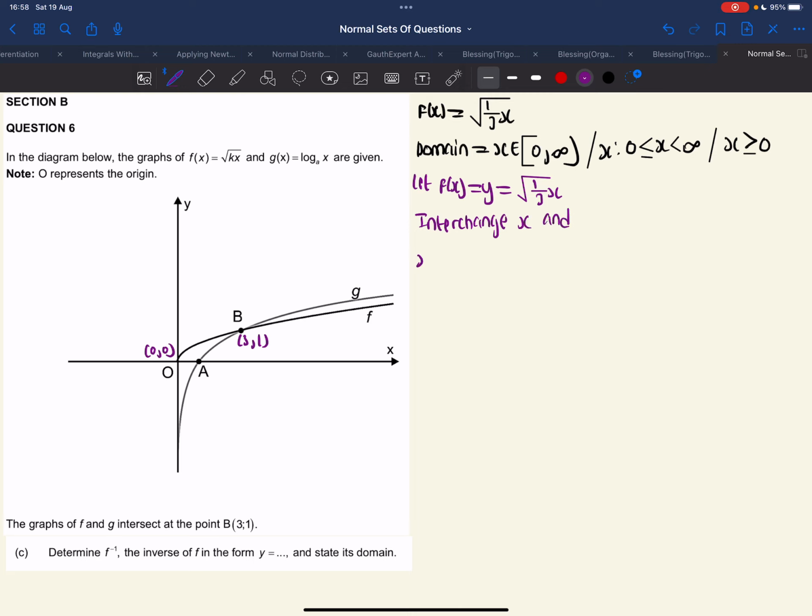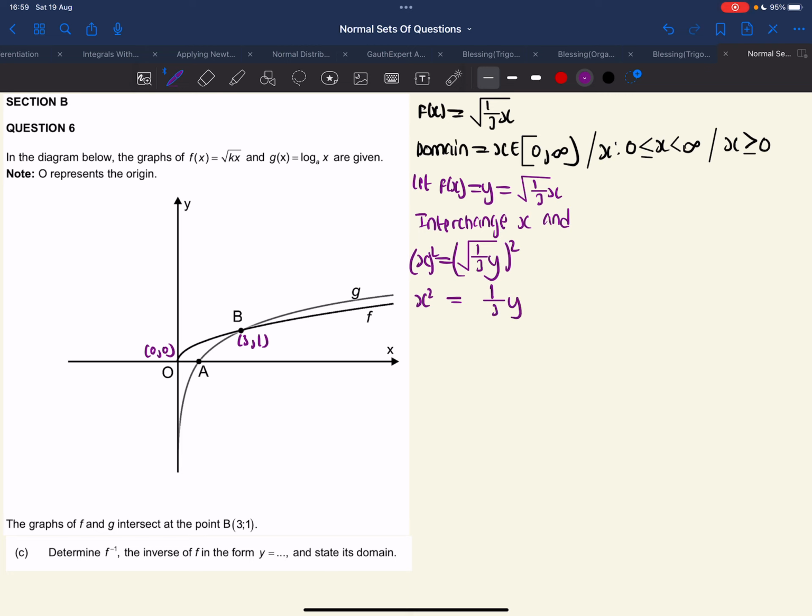Then it becomes x equals the square root of 1 over 3y, and the way in which you can get rid of the root is to square both sides. Then you're going to get x squared equals 1 over 3y.